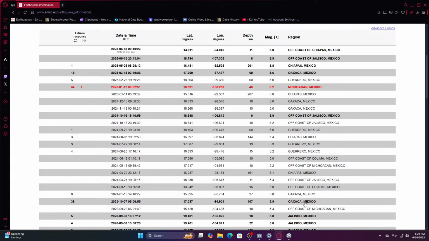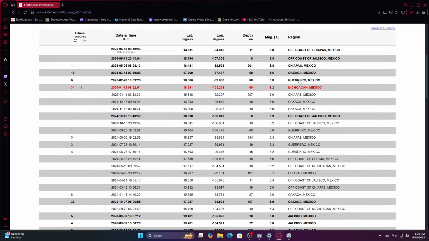And also, I'm looking at the depths on these earthquakes here. This one was 161, it was a 5.1. Then we're looking at this one that occurred on 5/5/2025. It was 261 kilometers deep. Then you got these 5.9 and 5.8.